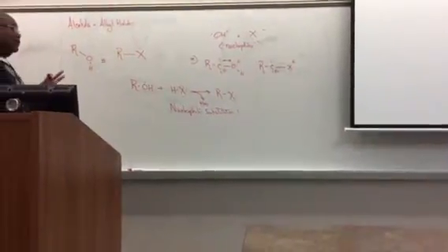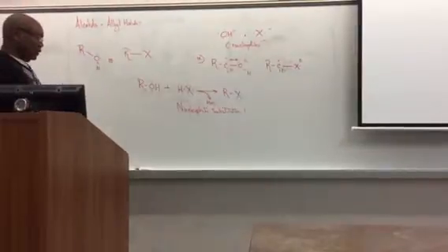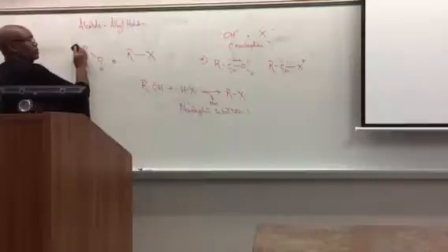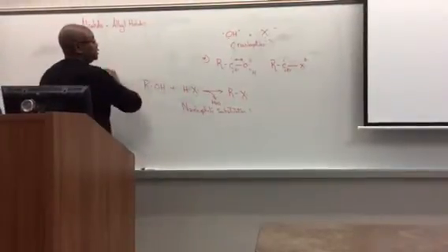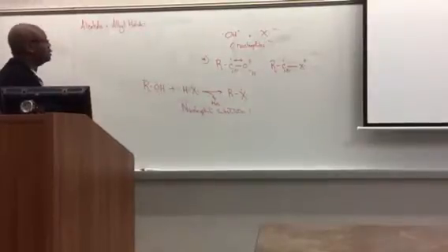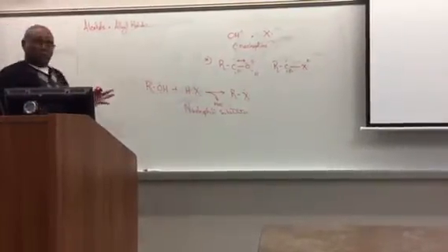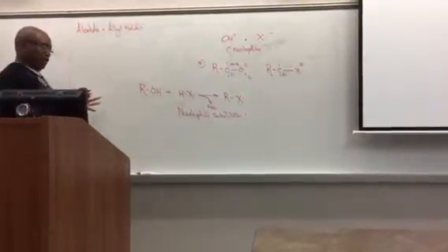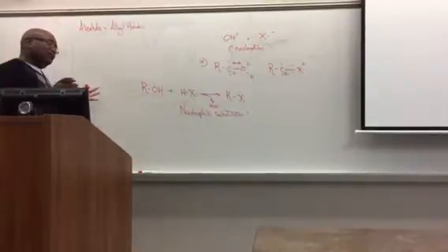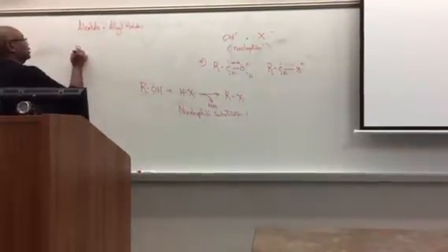Now, as you can imagine, it probably isn't quite that simple. Let's look at the mechanism involved with nucleophilic substitution for a moment. The hydrogen halide is also doing more than just providing the halogen within the alkyl halide. It's also acting as a type of catalyst.